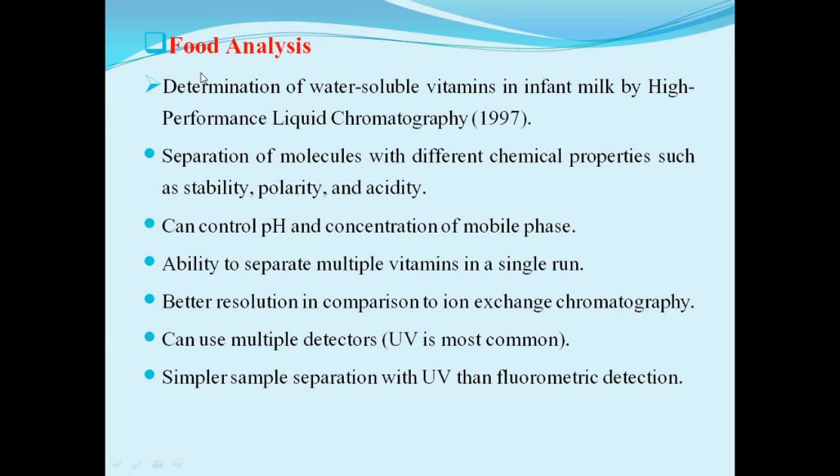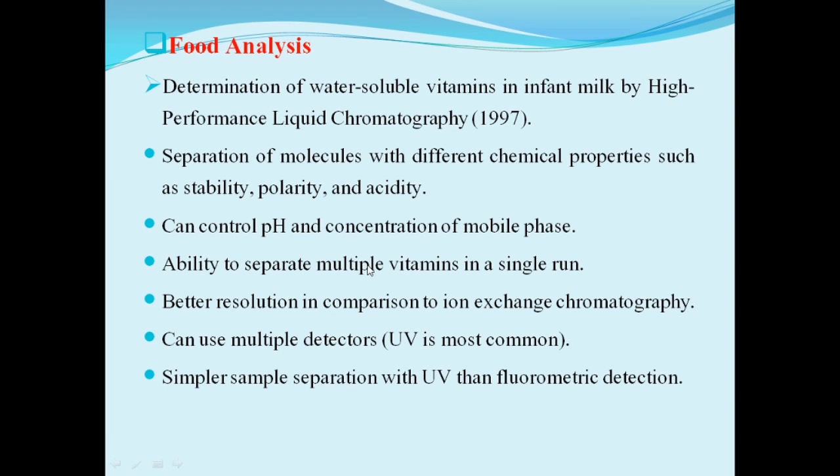Next, application in food analysis. Determination of water-soluble vitamins in infant milk by high-performance liquid chromatography. Separation of molecules with different chemical properties such as stability, polarity, and acidity. Can control pH and concentration of mobile phase.